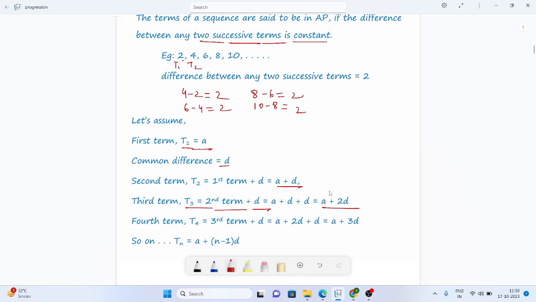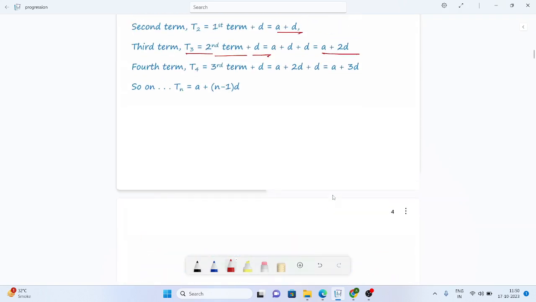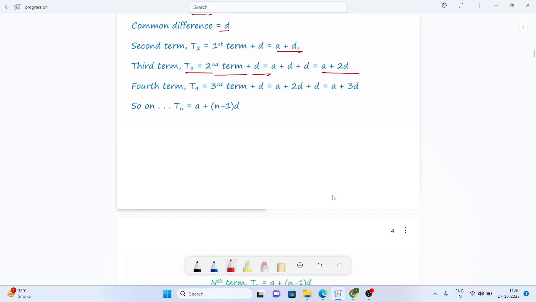Similarly, for each successive term you add the common difference to the previous term. Okay, so this is the first formula of AP, which we call the nth term, or the general term of AP.